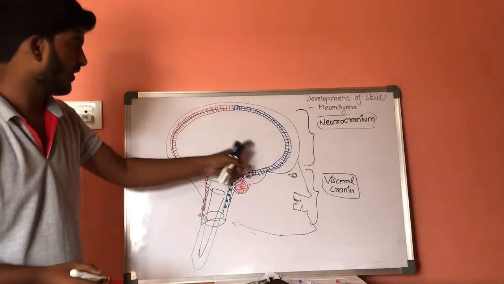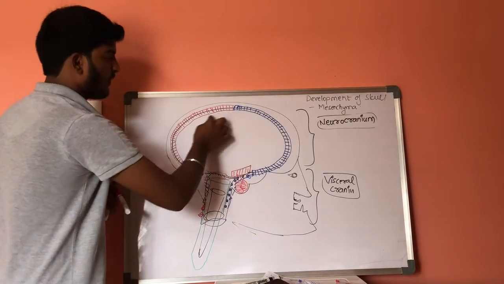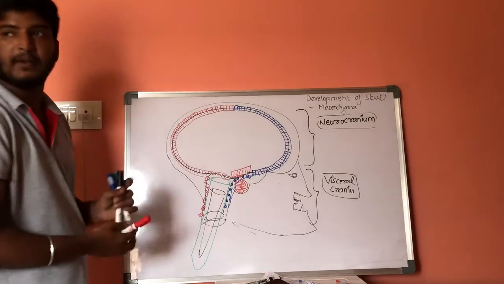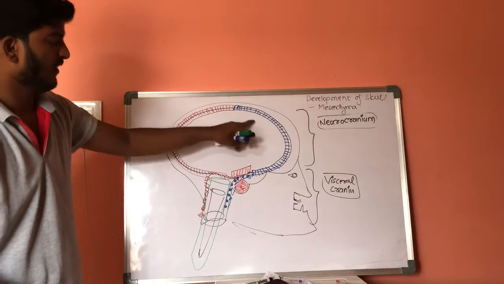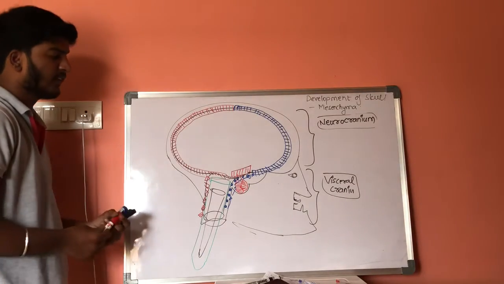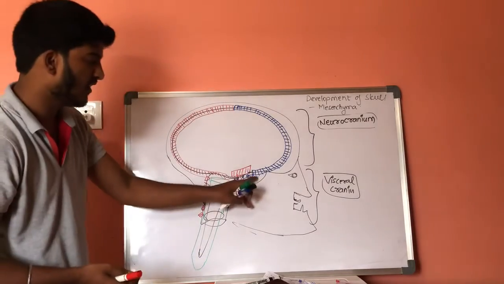Now this outermost layer is called the roof of the brain, and this is called the floor of the brain.